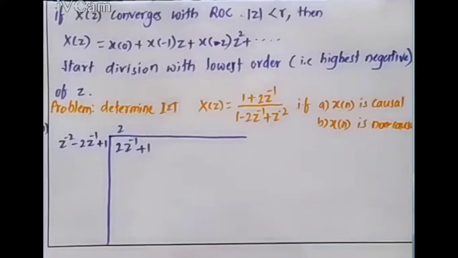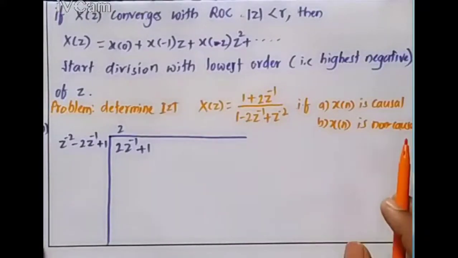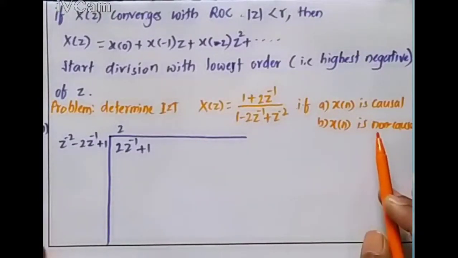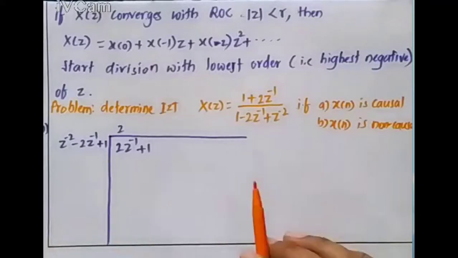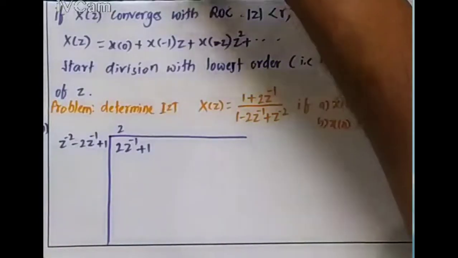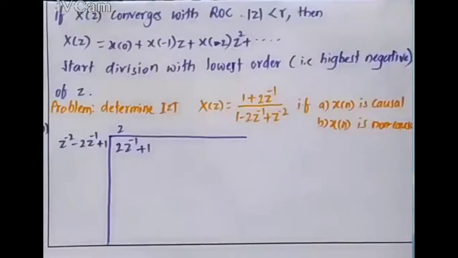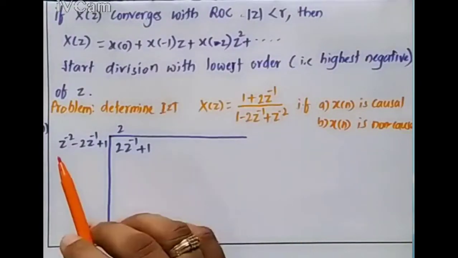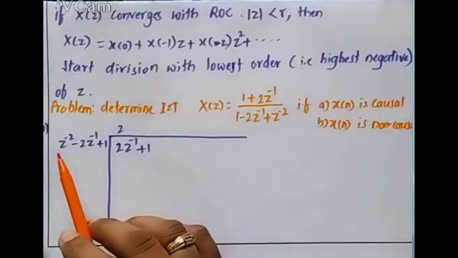So moving back here, what are the constraints we need to consider? Here I will start with the non-causal first and then I will go to the causal sequence. Okay, so for the non-causal sequence, what is our understanding? For the non-causal sequence, the division has to be started with the highest negative power of z.